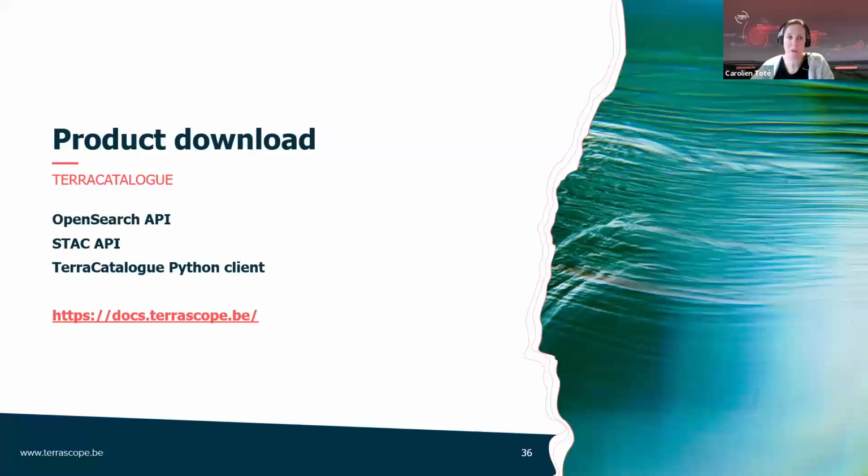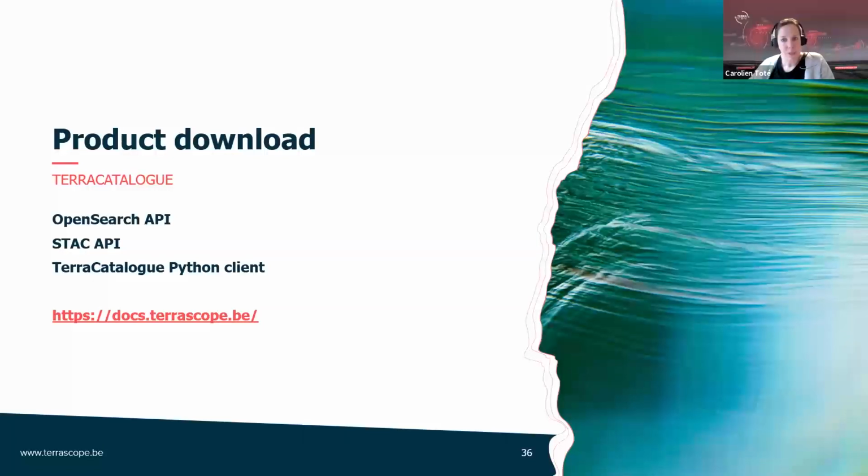So there is the OpenSearch API and a Stack API, and you can use those responses for downloading products. You need authentication, so you need a Terrascope login. So the Terrascope Python client allows you to integrate these OpenSearch APIs in a Python application, and it allows you to download products that you find that way.